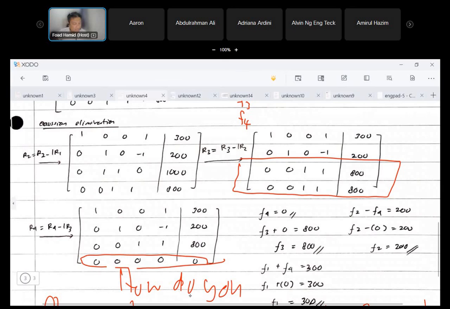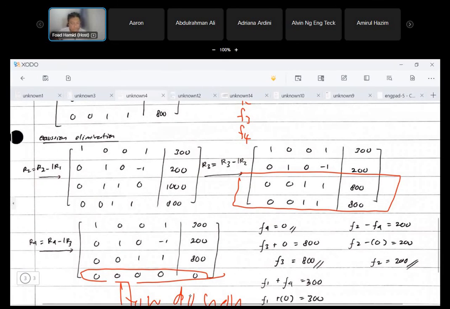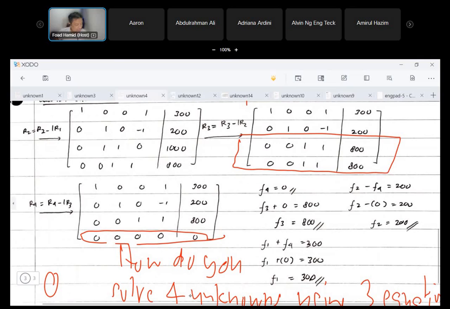So we have four unknowns, we have three equations. As you can see, the third and the fourth equation here are the same one, and then you get 0, 0, 0, 0. And I don't know how this student gets F4 equal to 0. How do you get F4 equal to 0?